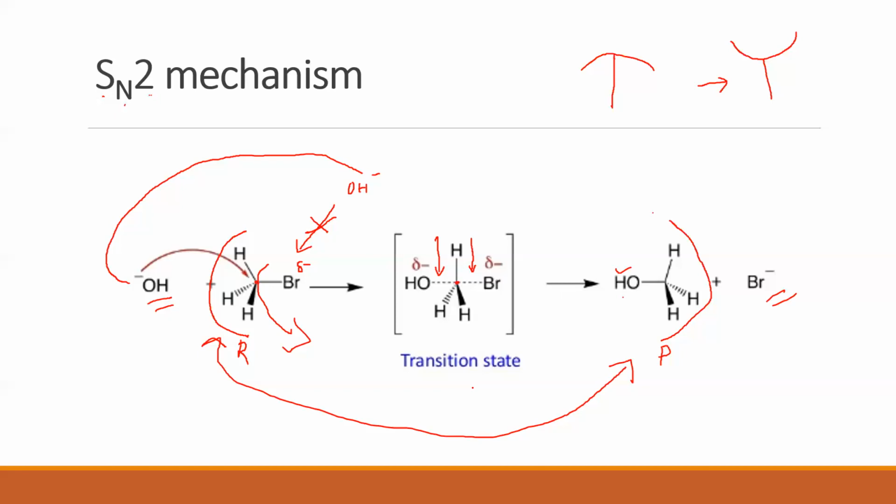Should it be strong or weak compared to the halogen? Yes, it has to be strong compared to the halogen, because only if it is strong can it ask the halogen to go out. If it is not strong, it cannot form a bond with the carbon atom. This mechanism is what is called SN2 mechanism. Very, very important.